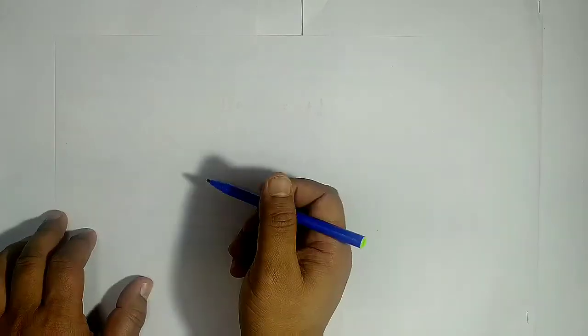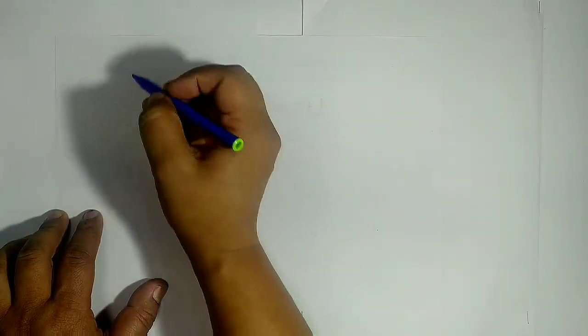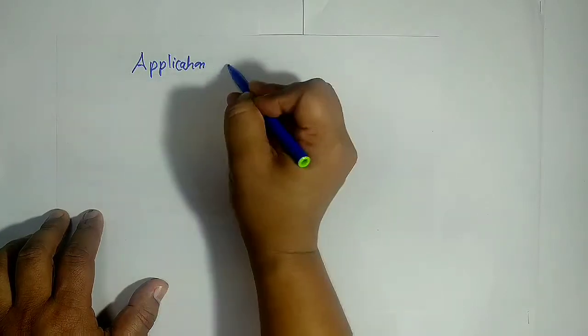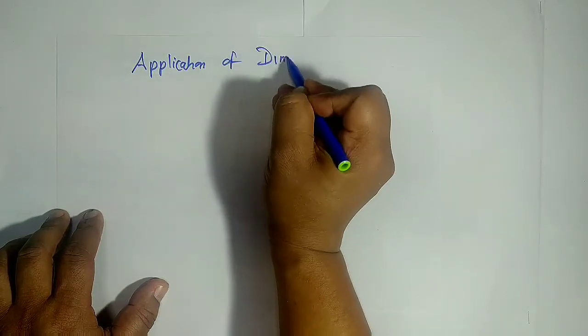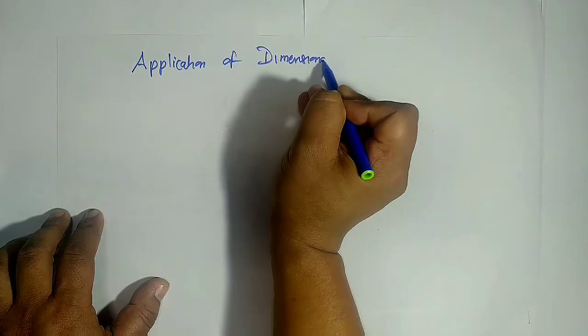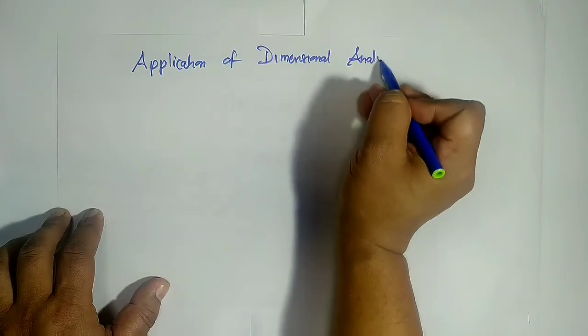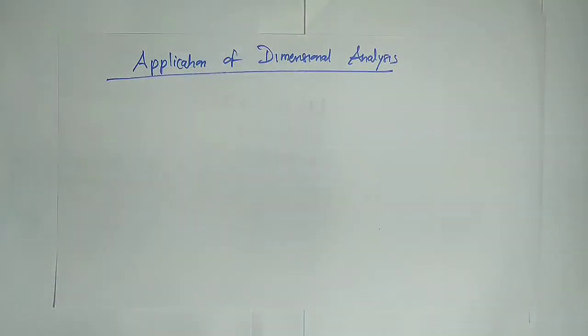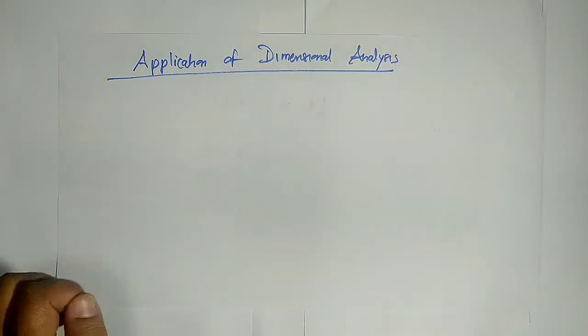So see here how we are going to apply. The first application is going to come for the homogeneity, and before going to that, we are going to talk about the application of dimensions, so dimensional analysis.